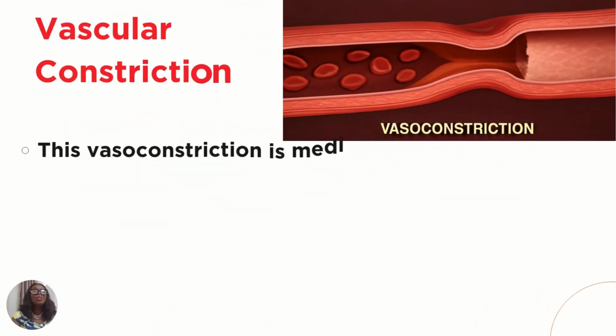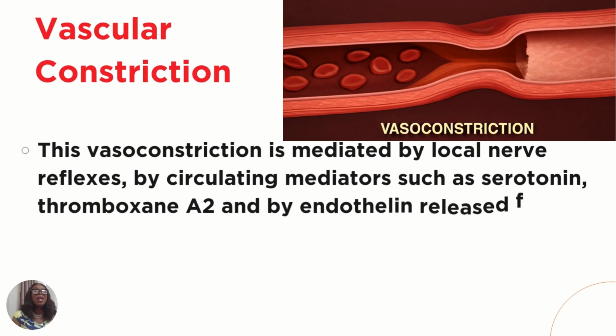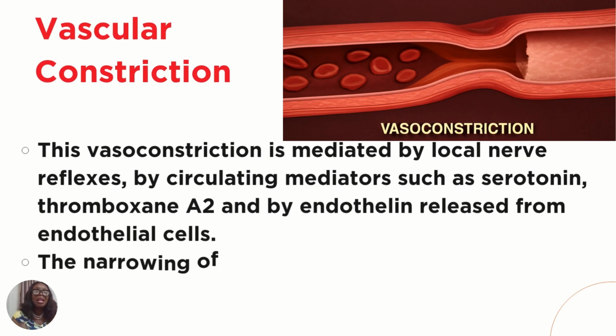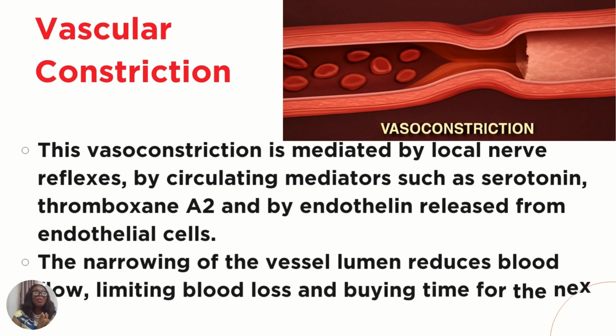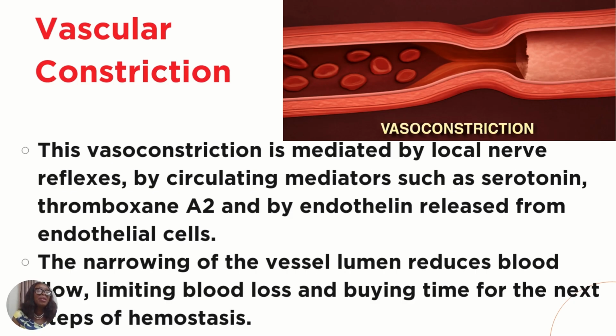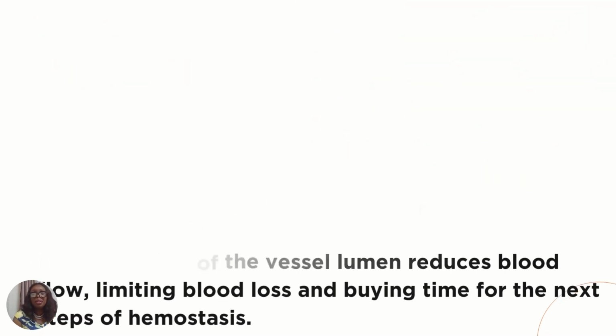Now, this contraction is mediated by local nerve reflexes, by circulating mediators such as serotonin, thromboxane A2, and endothelin, released from the healthy endothelial cells surrounding the region of the injury. Now, the narrowing of the vessel lumen reduces blood flow to the site of the injury, limiting blood loss, and at the same time, buying time for the next step of hemostasis.